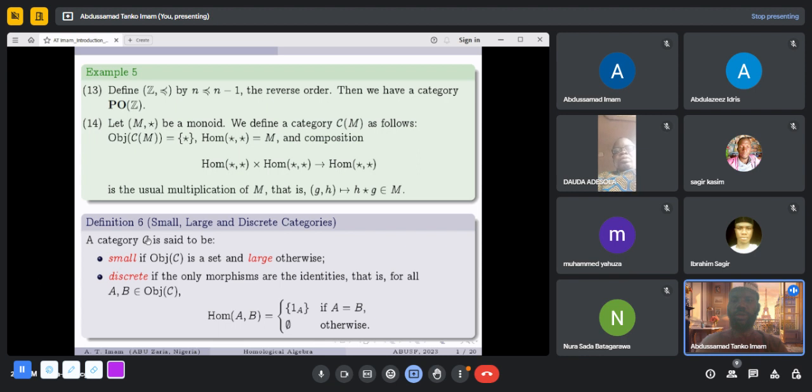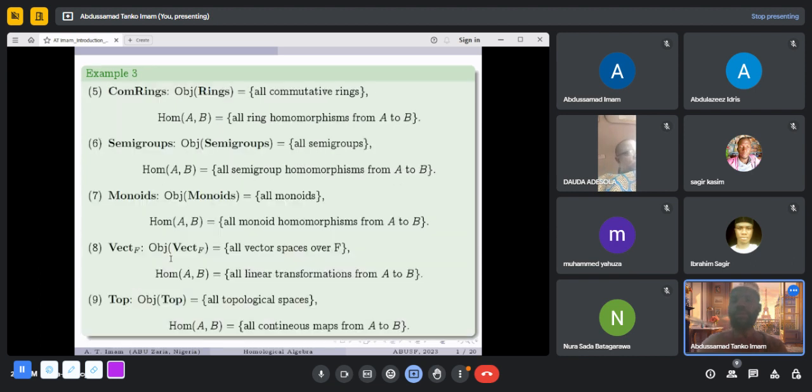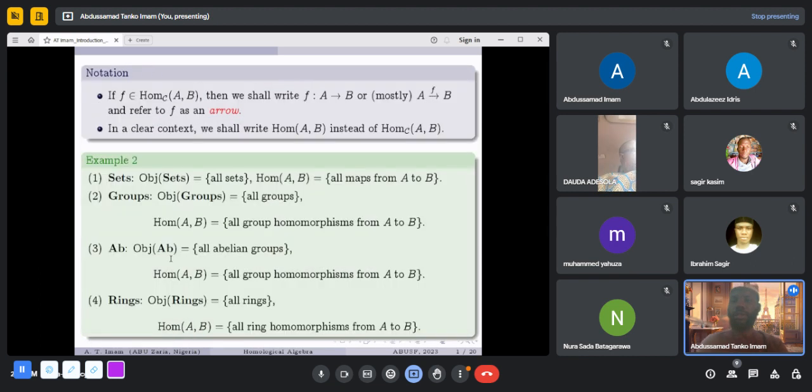And then we defined, in the last lecture, or last discussion, the notion of small, large, and discrete categories. We say a category is small if the class of objects is a set. We saw many examples of categories where the class of objects is not a set. If we go back here, you can see the class of objects is the class of all sets.